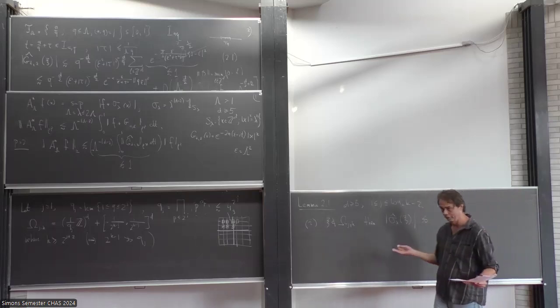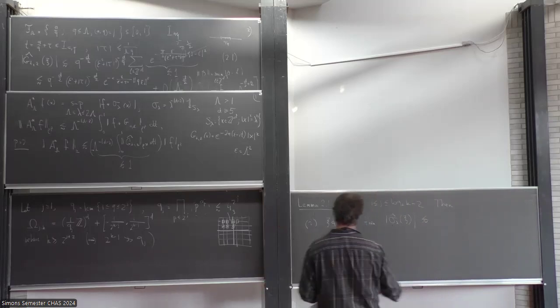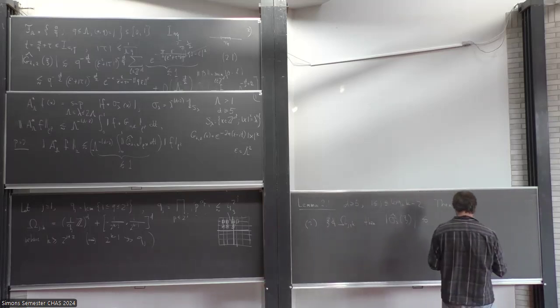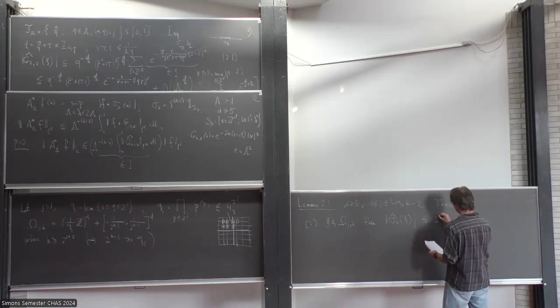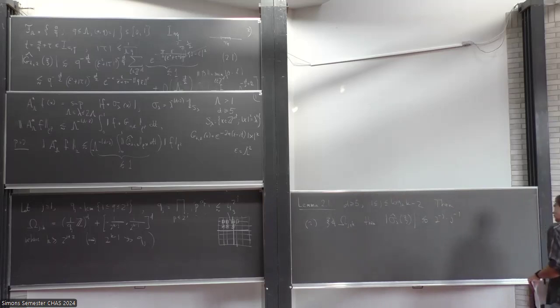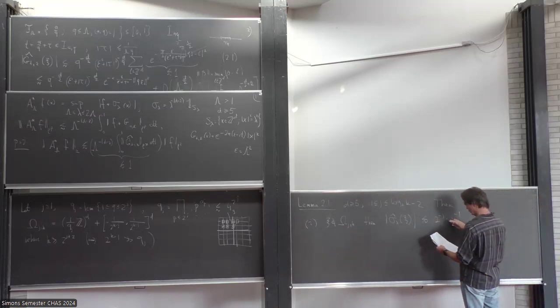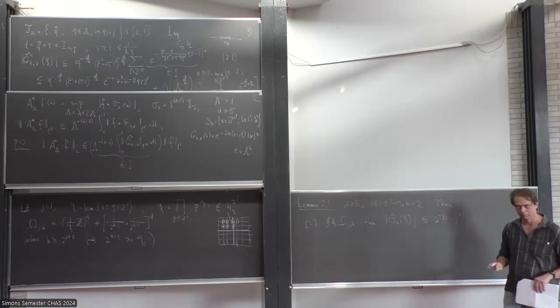Of course, it's always less than or equal to a constant because it's normalized, so the trivial estimate is a constant. But now you will have a gain, and you will have the gain 2 to the minus j over 2, actually j to the minus 1. Surprisingly enough, the j to the minus 1 will be important.